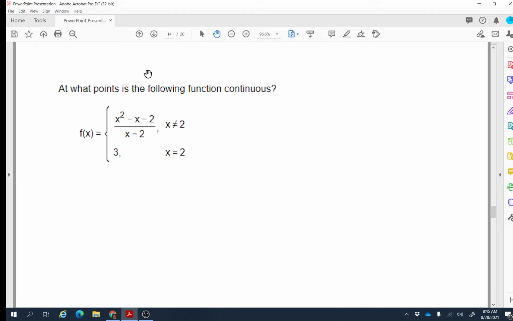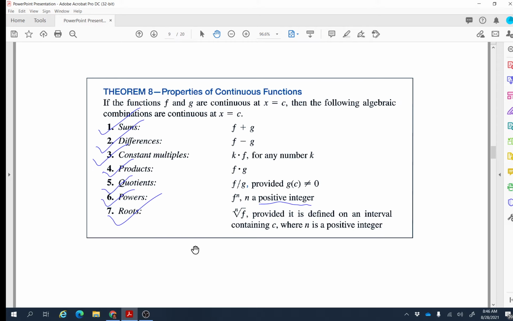At what points is the following function continuous? To find out the points, first of all, the only problem it might have is at 2, because you can see that the first part is continuous on the numerator and on the denominator except 2, because at 2 the denominator would be 0. So this function is continuous everywhere except 2. Now check at 2, we just need to use this definition of continuity.